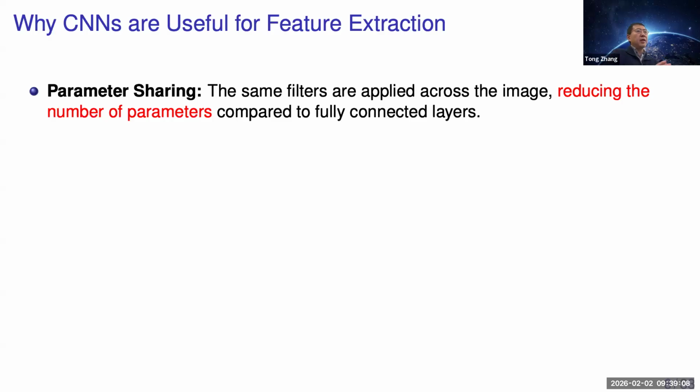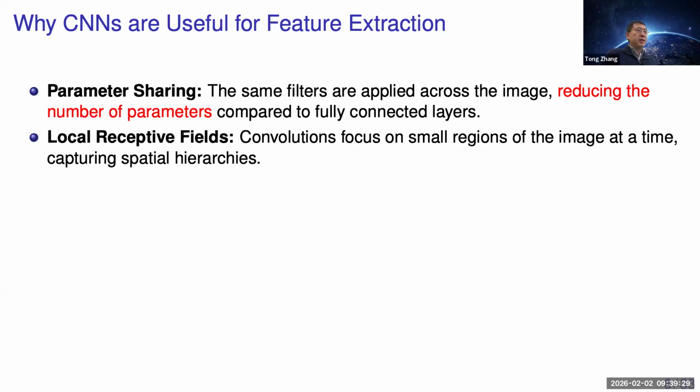Also it's aligned with the image structure. There is invariance when you do shifting, both horizontally and vertically. So this reduces the number of parameters, and you always have a local perception field. You always manage the local, right?